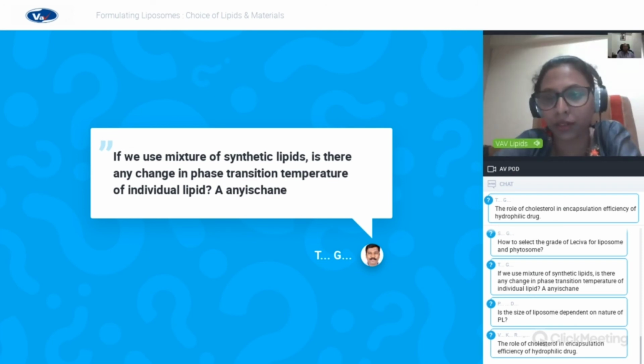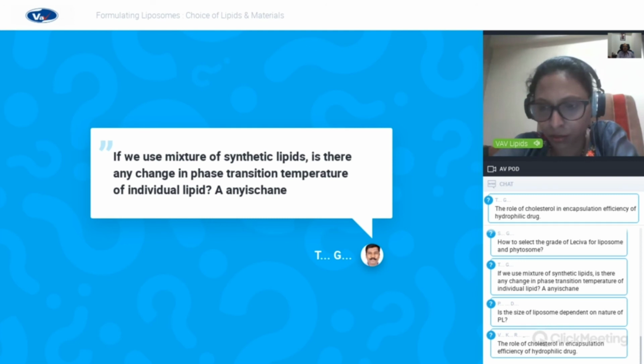the individual lipid? No, individual lipids have phase transition temperatures as their physical property. So if you are using a mix, it is not altering the physical property of the individual component of the mix. So phase transition temperature is an individual lipid property. You will have a combination of phase transition temperature lipids within the same liposome when you are using a mix, and so the release profile of the liposome is greatly influenced by the combination you use.